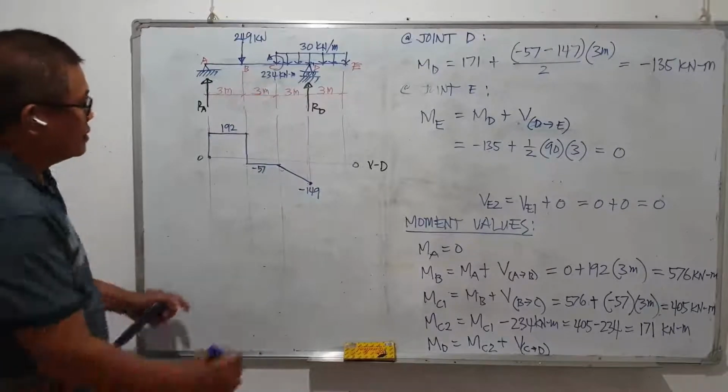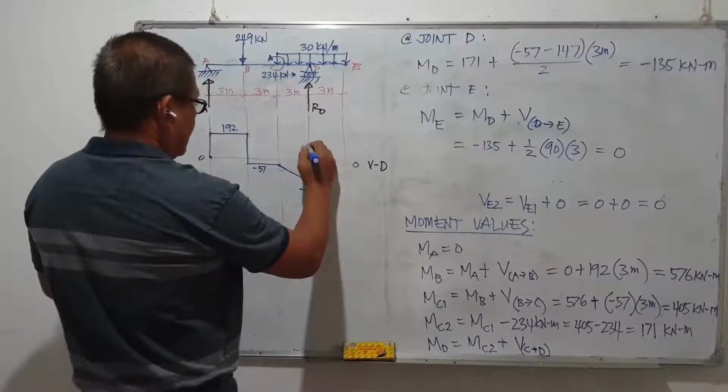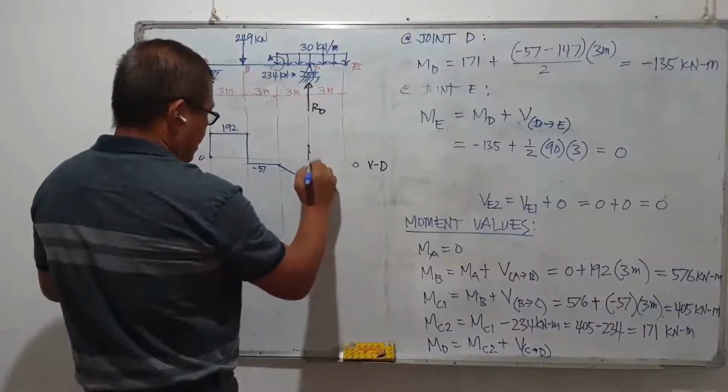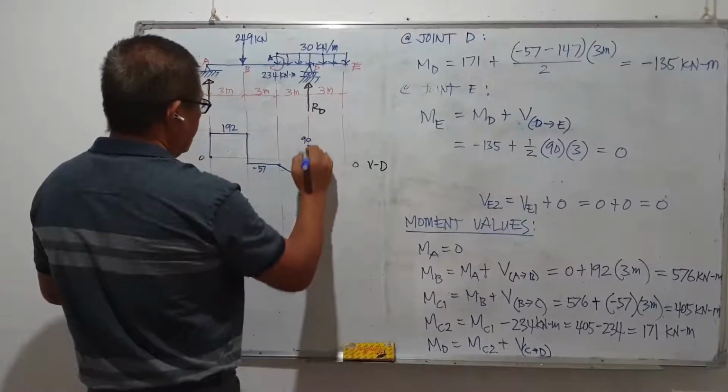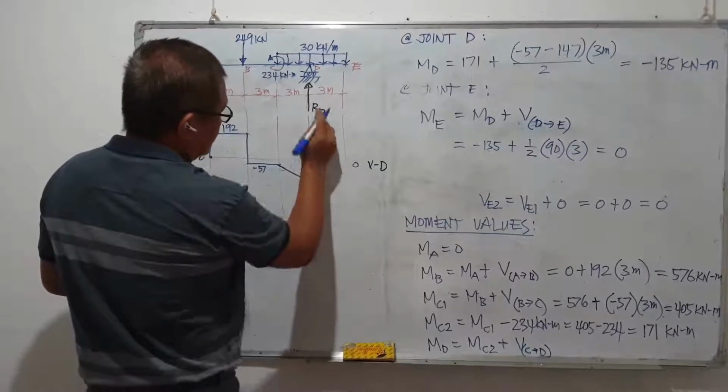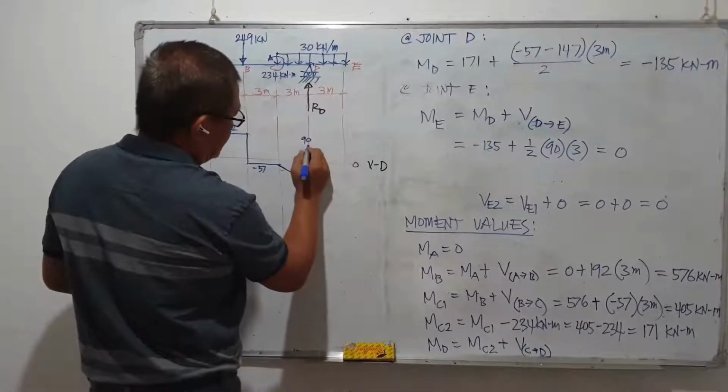Then the shear goes up by 90. And then uniform load 30 times 0 is 0.